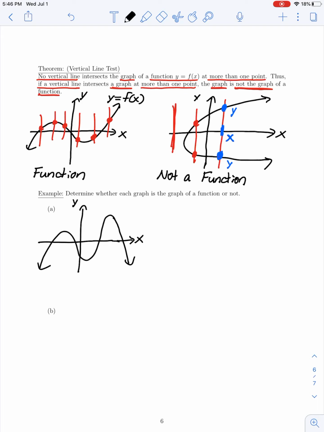Is this the graph of a function? Well, we ask, does it pass the vertical line test? As we're taking vertical lines through the plane, we see that each of these vertical lines is intersecting our curve in only one place. So the indicated figure would be the graph of a function.